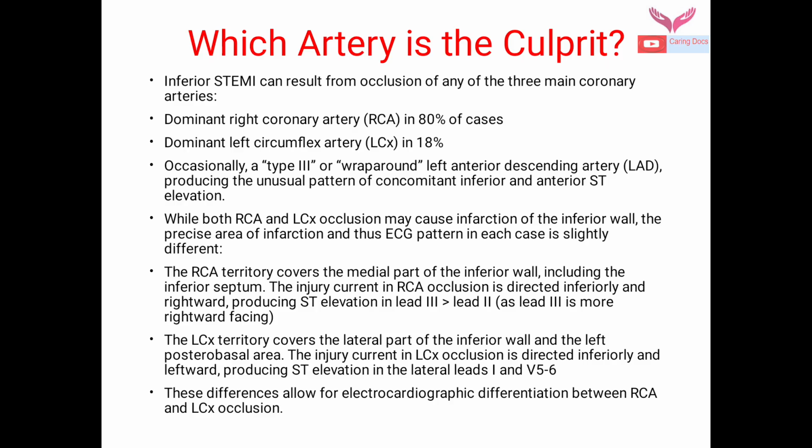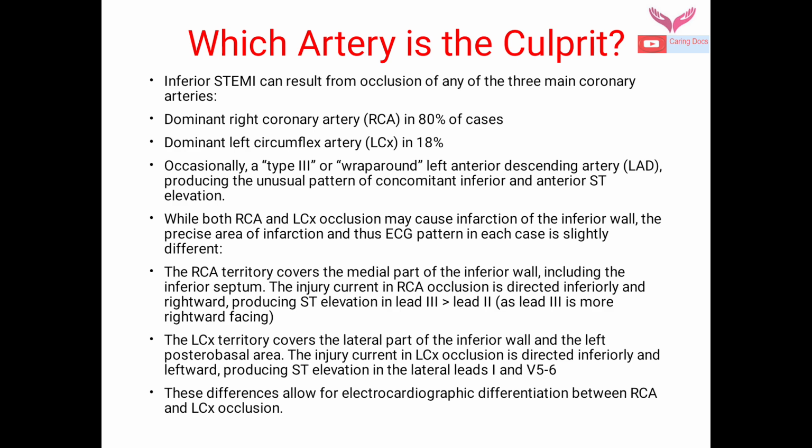The right coronary artery territory covers the medial part of the inferior wall, including the inferior septum. The injury current in RCA occlusion is directed inferiorly and rightwards, producing ST elevation in lead 3 more than lead 2, as lead 3 is more rightward facing.